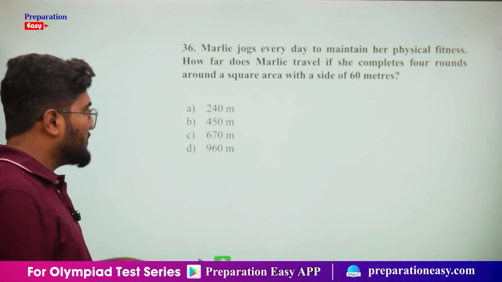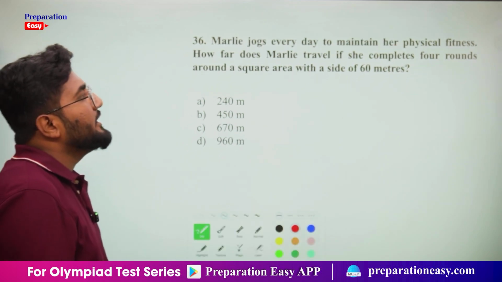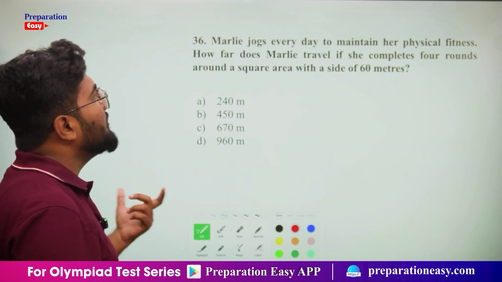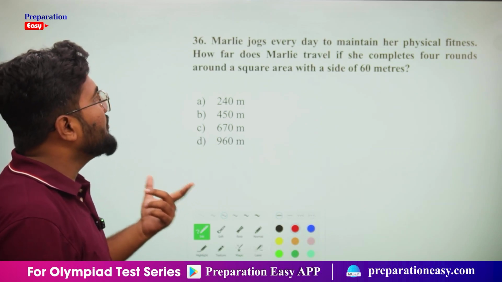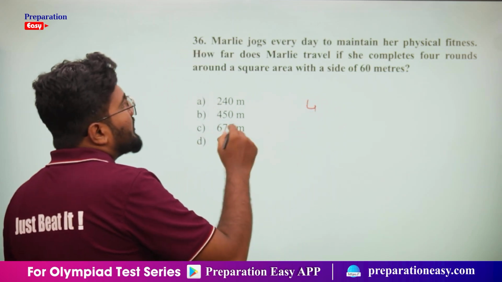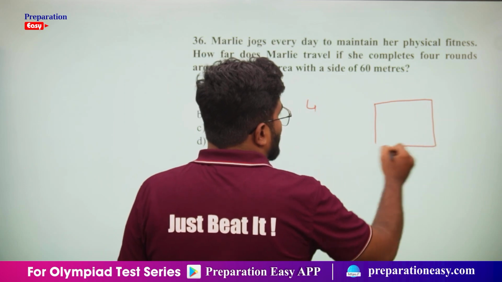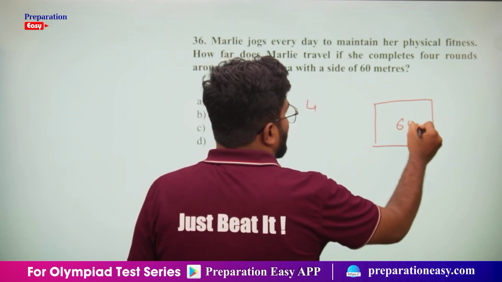Next question is question number 36. Marley jogs every day to maintain her physical fitness. How far does Marley travel if she completes 4 rounds around a square area? There is a square whose side is 60 meters.